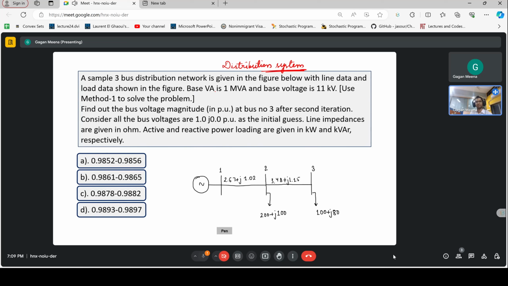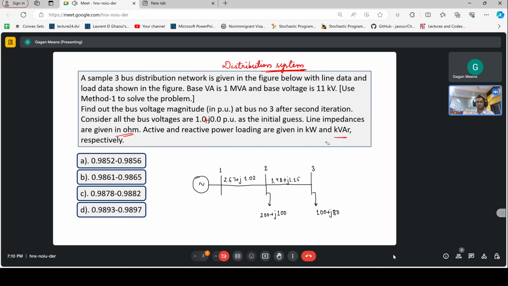So let us do method 1. Here we are assuming that all the voltages are 1 angle 0. What we will do here, first of all, we have to convert all these ohmic values into per unit, and everything else also into per unit.